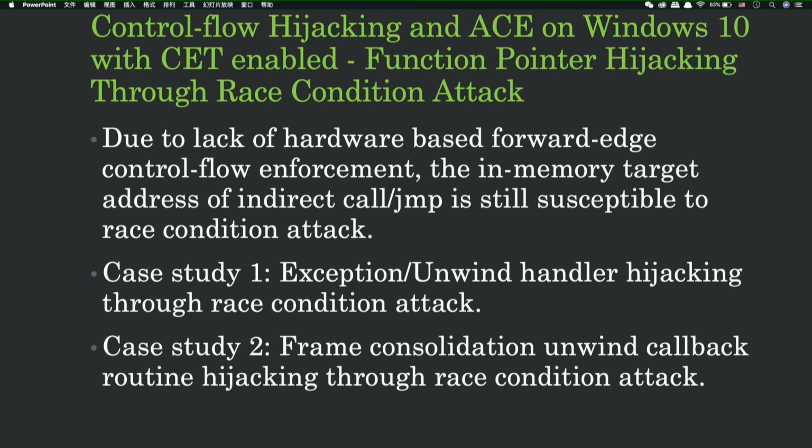There are two cases. The first case is exception handler and unwind handler hijacking through the race condition attack. The root cause of these is the same. And the second case is frame consolidation unwind callback routine hijack through race condition attack. Actually, the two parts also happen in the exception handler.